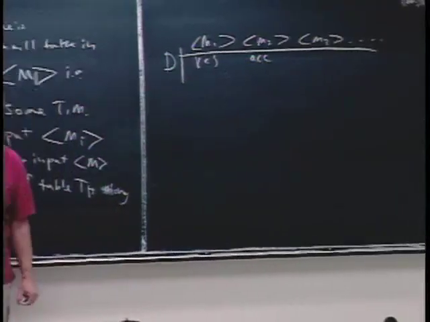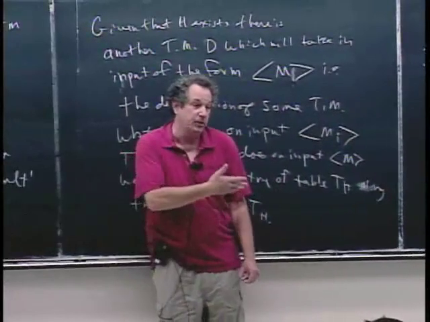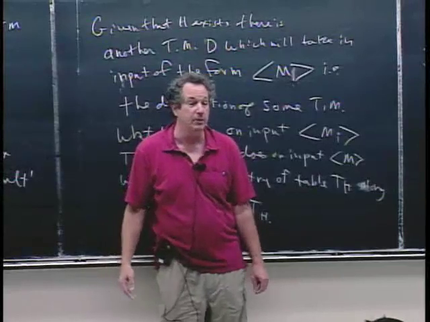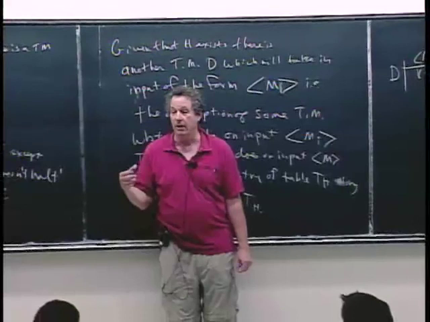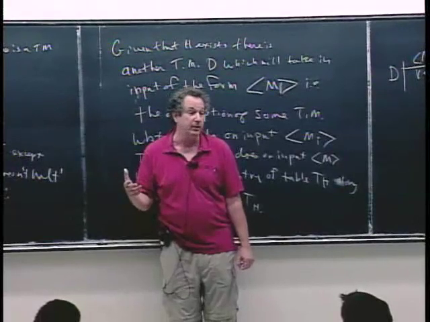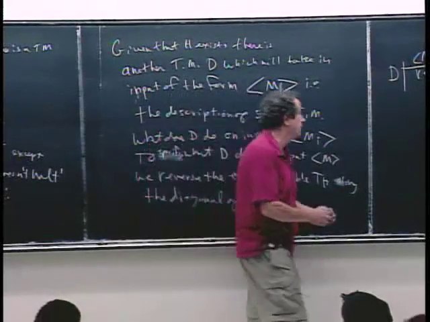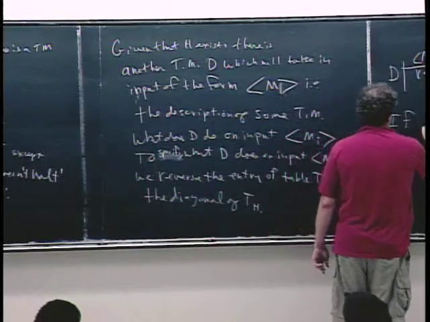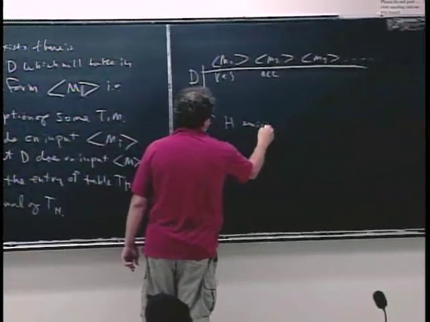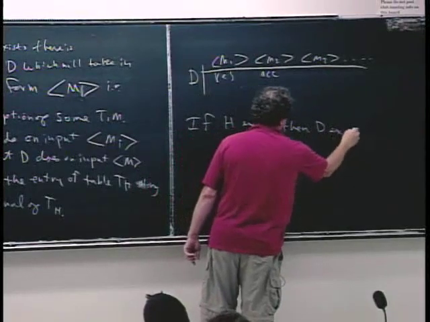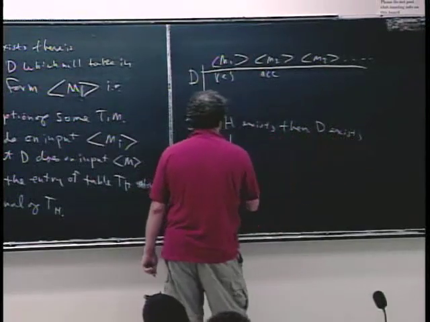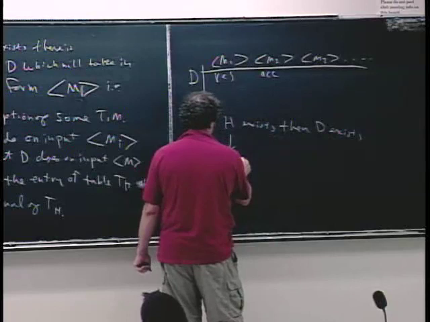But the point is that if H exists, then certainly D does. We've certainly described what Turing machine D does on inputs of the type that it gets. So if H exists, then D exists.